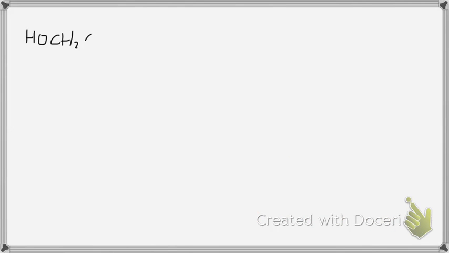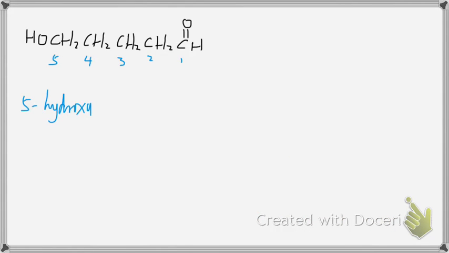All right, let's see one more example. Here we have 5-hydroxypentanal. When the intramolecular nucleophilic addition to the carbonyl takes place, it's going to form a ring. And what kind of ring will we have this time?